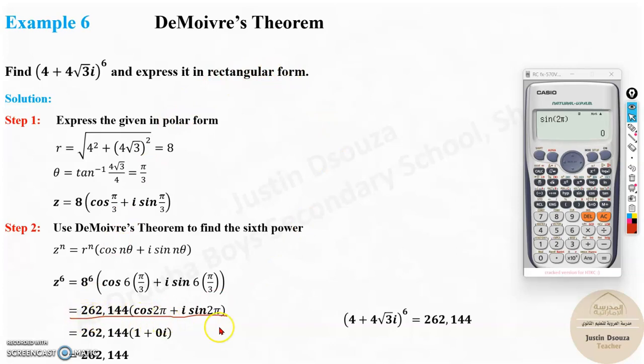This over here is the polar form answer. But no, don't stop. You need to continue to the rectangular form. Simplify, solve this in the calculator. Everything is in the calculator. Very, very simple. And then you will get this answer, which is the final answer, the DeMoivre's theorem result for raising power 6 in rectangular form.